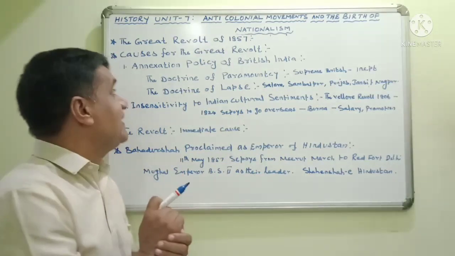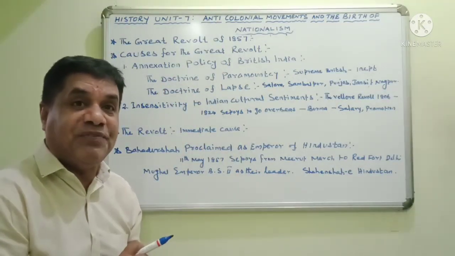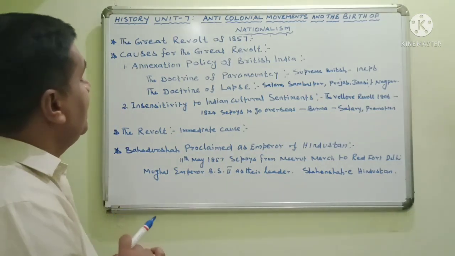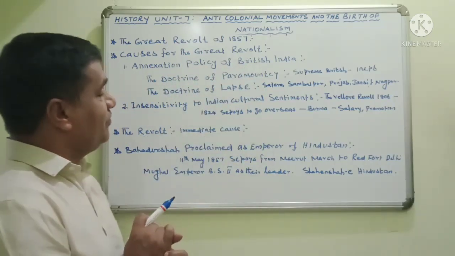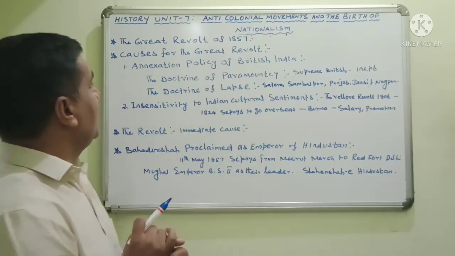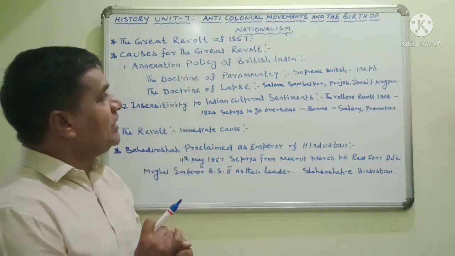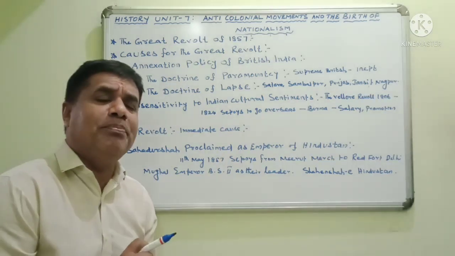Listen here carefully, students. The causes for the Great Revolt of 1857. Annexation policy of British India. Under this topic, annexation policy, the Britishers captured many places.